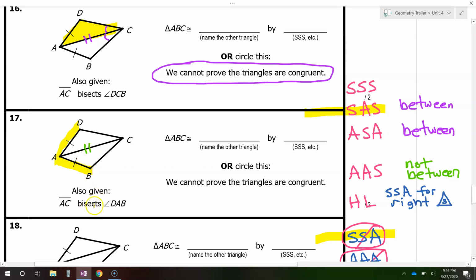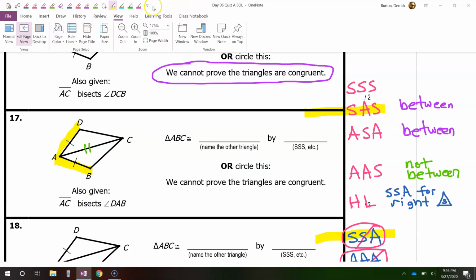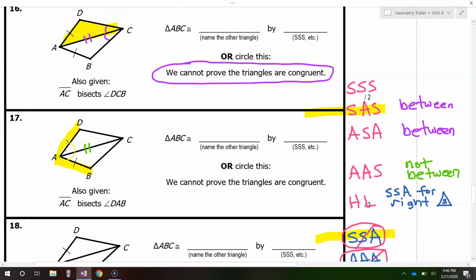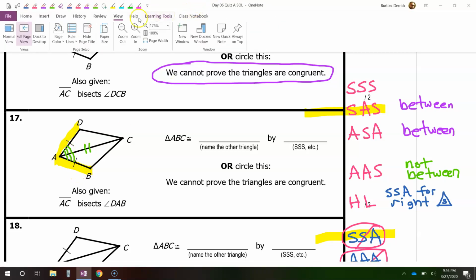So, bisect means to cut in half. This angle that I just highlighted, this is the angle that's being cut in half. That means that this angle right here is congruent to this angle right here. Those are the angles that are going to be congruent.